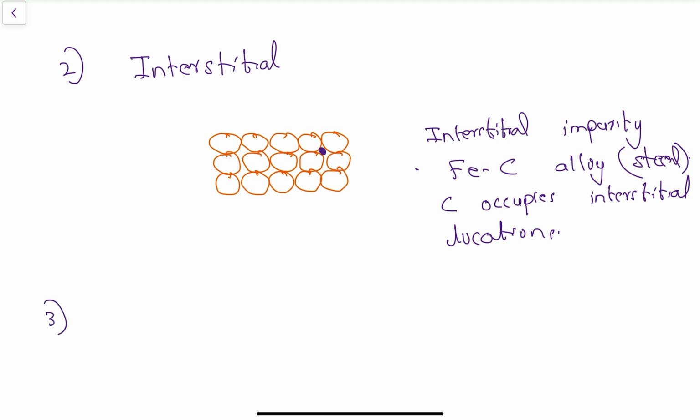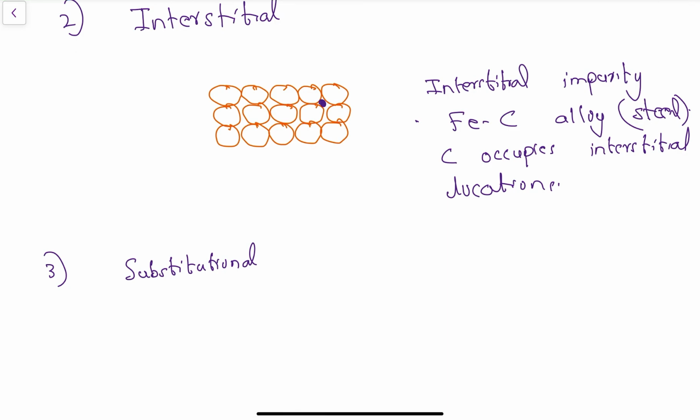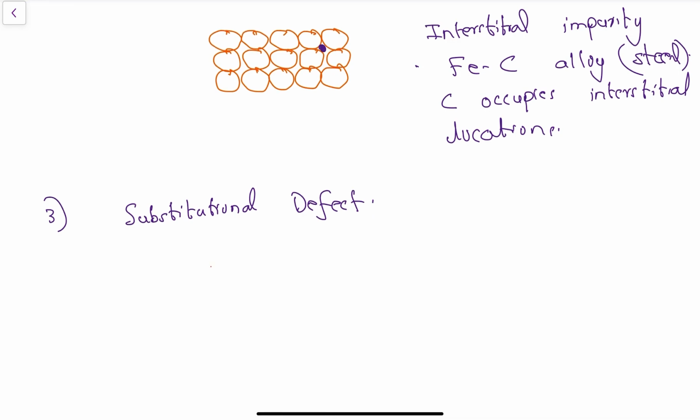Then you have the substitutional impurity, let us call it a substitutional defect. So here, the atoms are spaced like this.